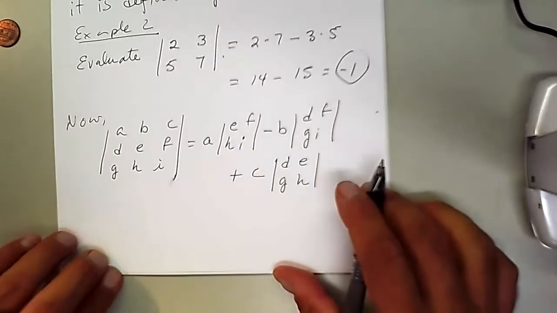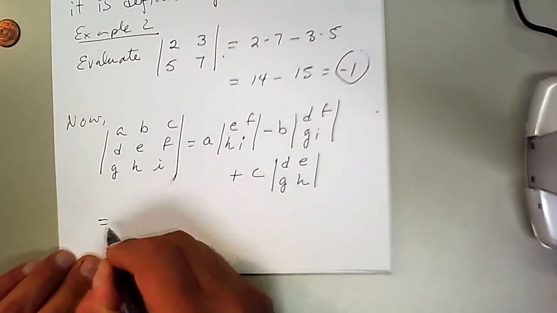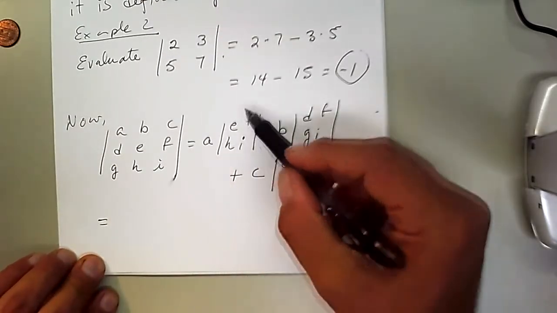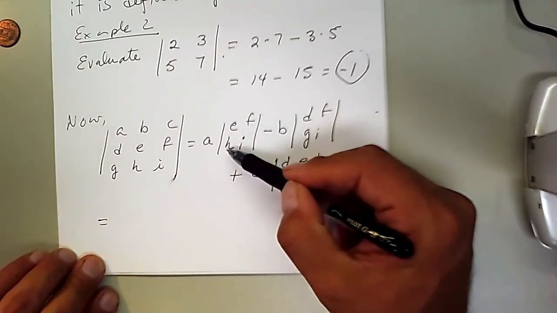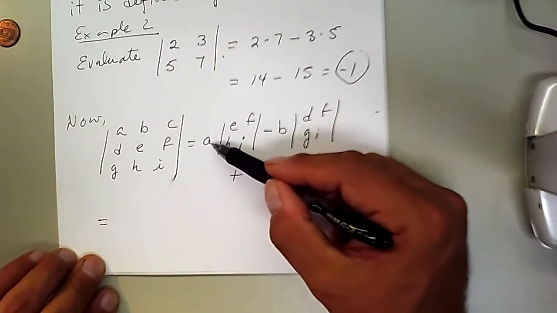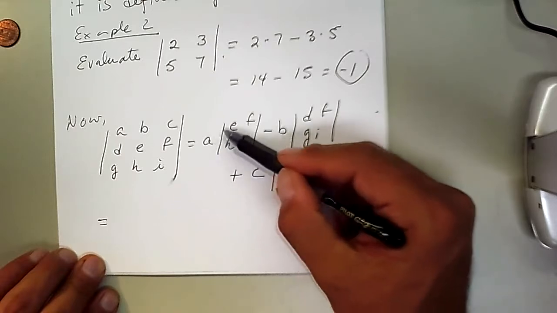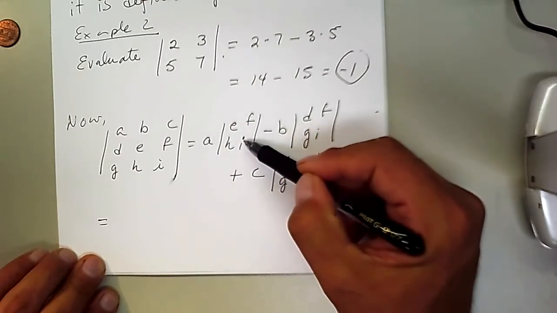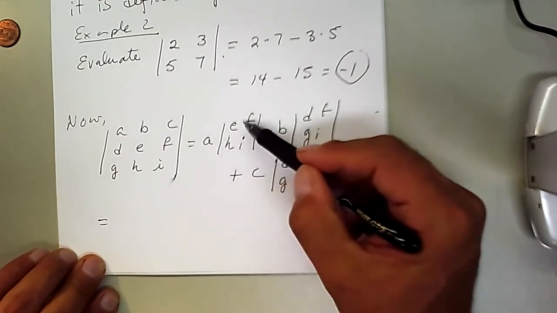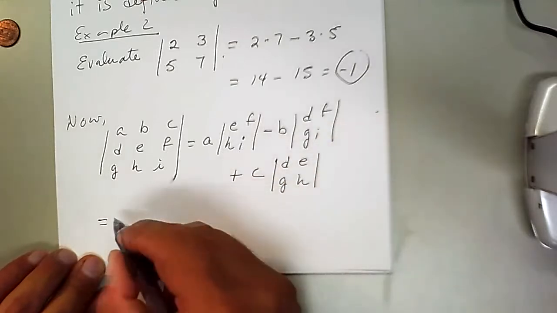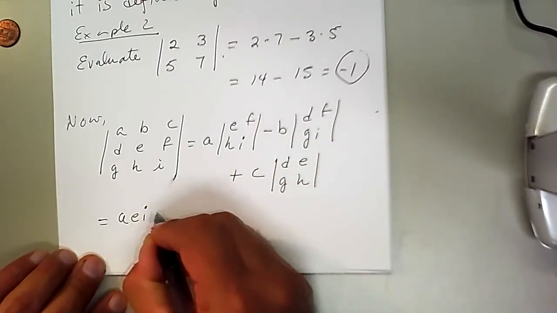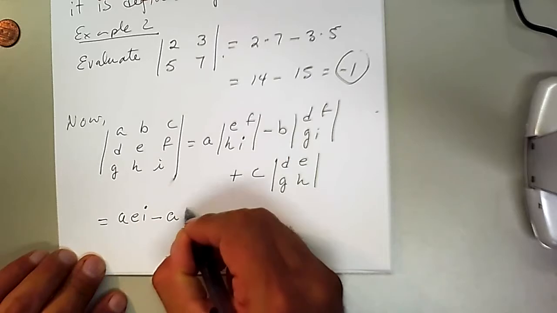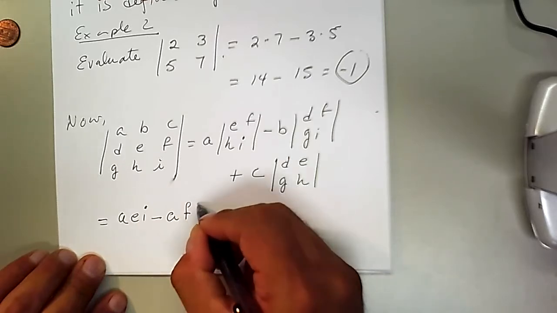All right. So that is equal, if we continue with this. Now remember, this determinant is EI minus FH. But then we're multiplying with A. So we have A EI minus A FH.